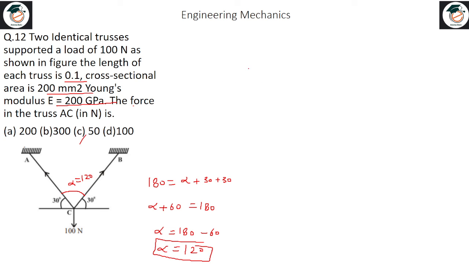So apply Lami's theorem: 100 Newton divided by the sine of the angle between the other two sides.